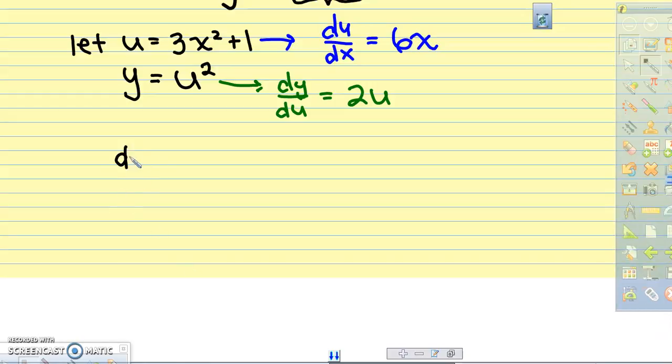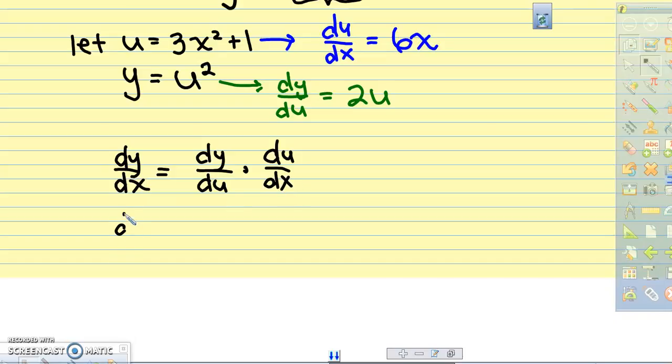the derivative dy over dx of that composite function. Remember that Leibniz notation says that dy over dx is dy over du times du over dx. So dy over dx is equal to dy over du, which is 2u, times du over dx, which is 6x. Okay, all I did was grab those from here.